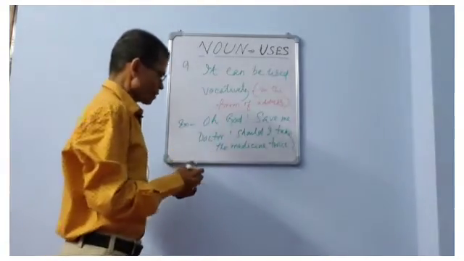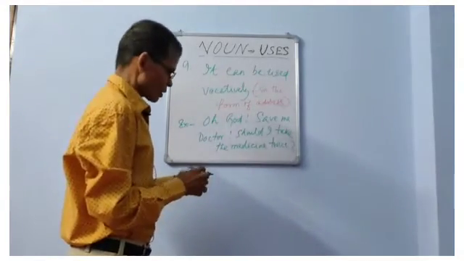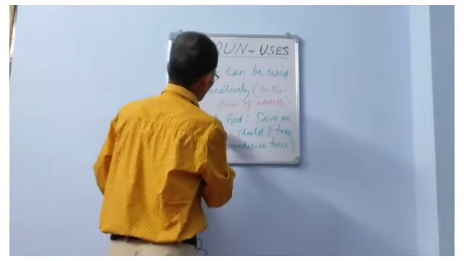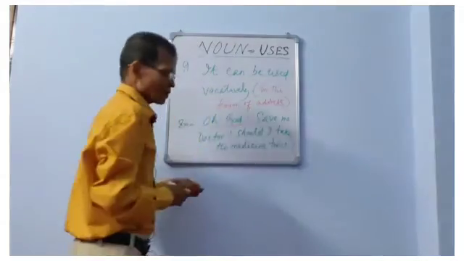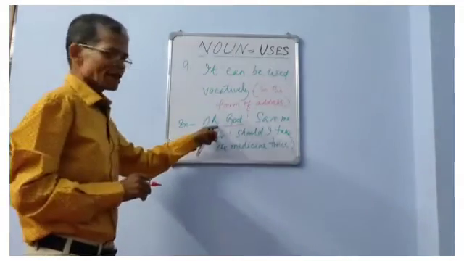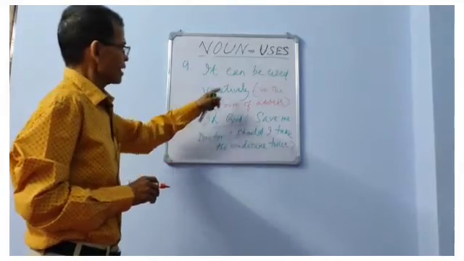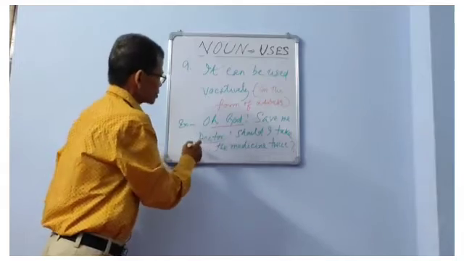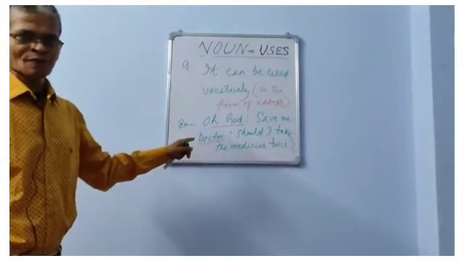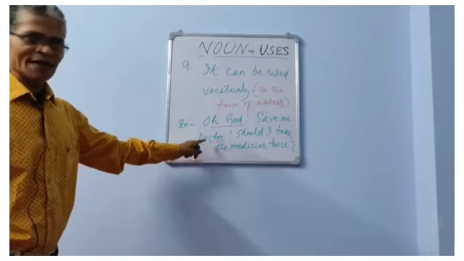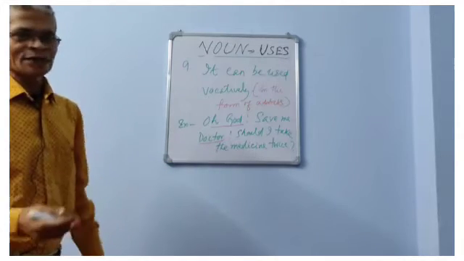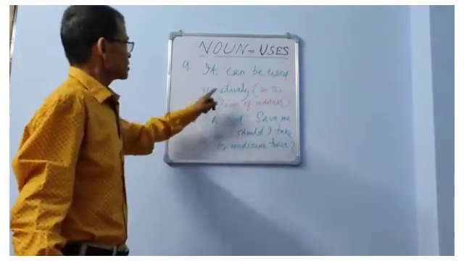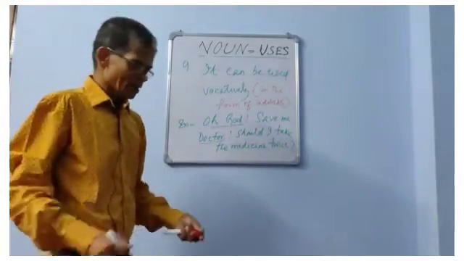Now here are two examples. One is, oh God, save me, and here we are invoking God, addressing God to save me. Similarly, I have also addressed the doctor, and when I address someone directly, sometimes we can also take the name of a person, Rama, come here. This is called the vocative use of a noun.